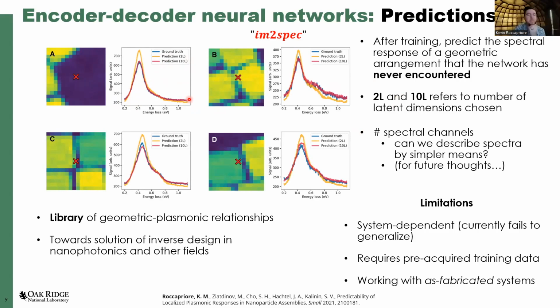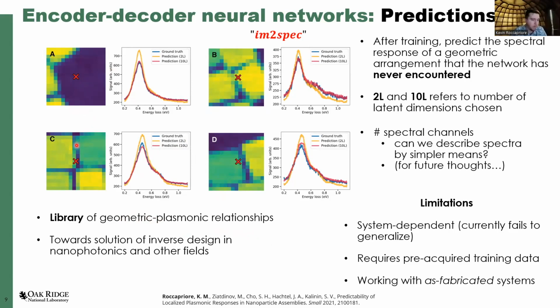But in any case, it does a pretty good job in doing a spectral prediction, even with the number of latent dimensions equal to 2. So what's going on is we're building this relationship, a library of relationships between the geometry.